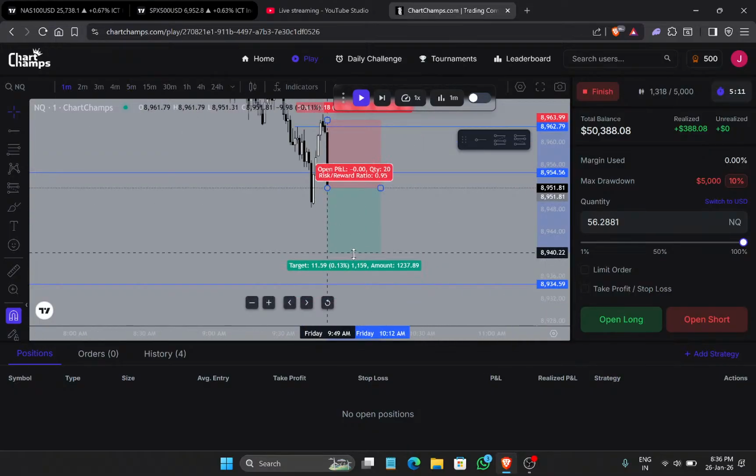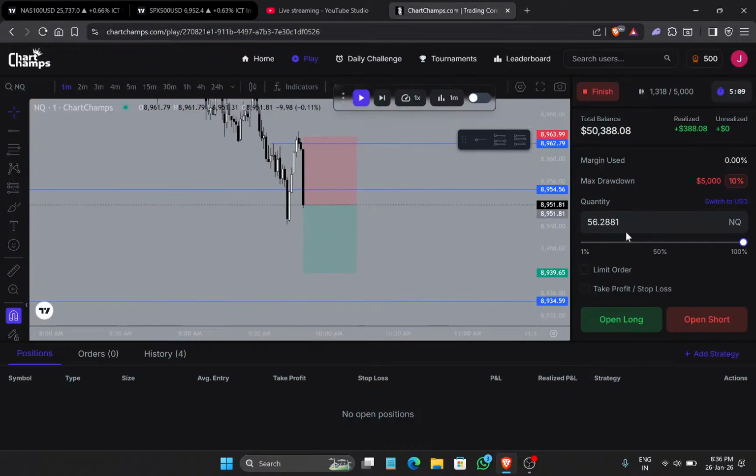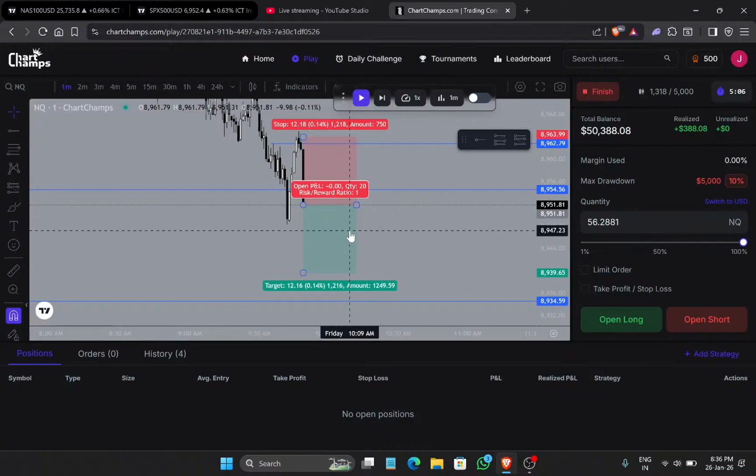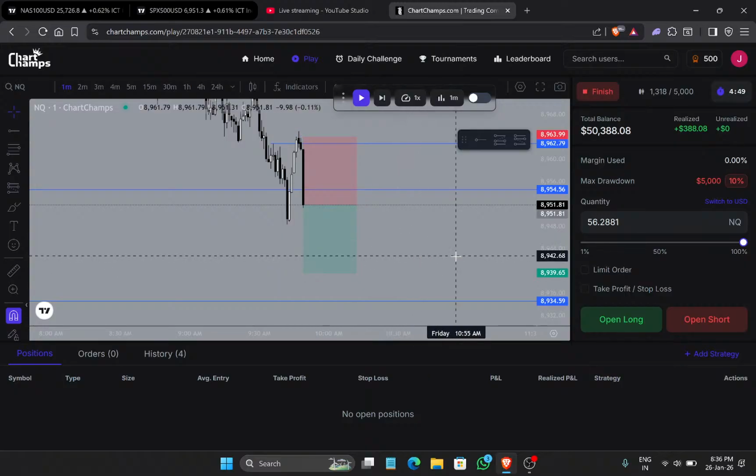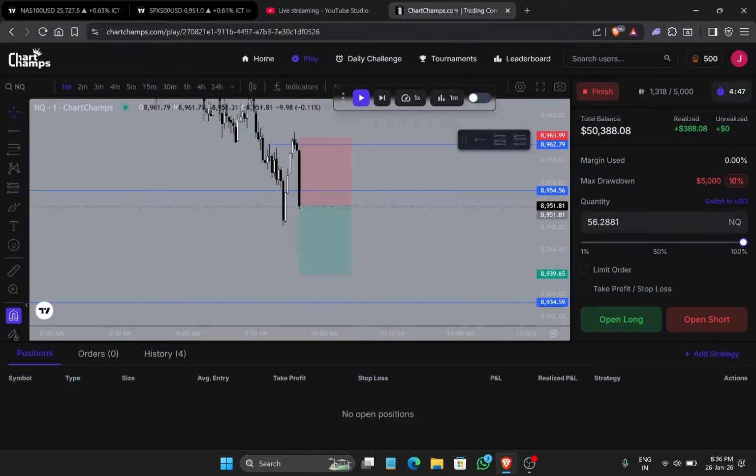We can take our profit at 1 point. This 12 point stop, so you want 12 points. 1.6? No way.